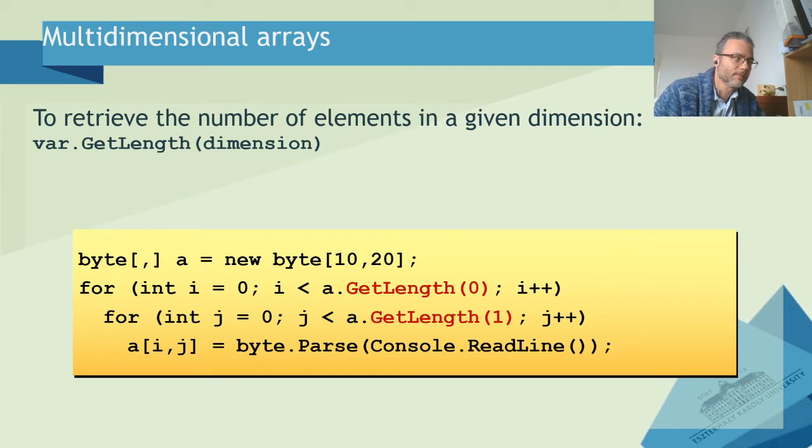Yeah, okay. So basically this is the index of the dimension. If you have a 4-dimensional array, you should use here 0, 1, 2, 3. Yeah, okay. Thanks. Of course, for a four-dimensional array, you need to use four loops here, not two. Just imagine that.